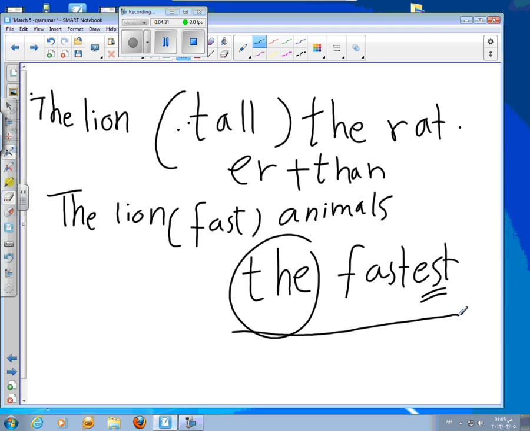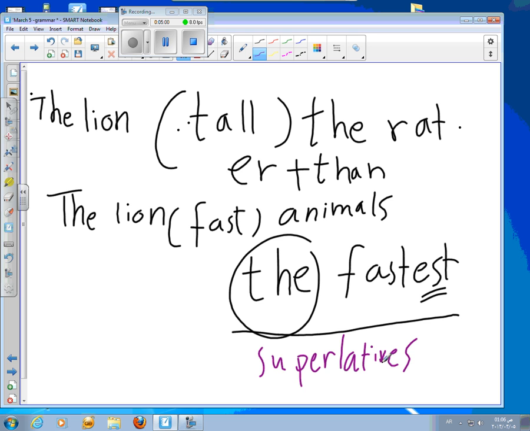We call this superlative, which means the est added to the adjective. Before it, I put the, and it is used when I compare between one to many.